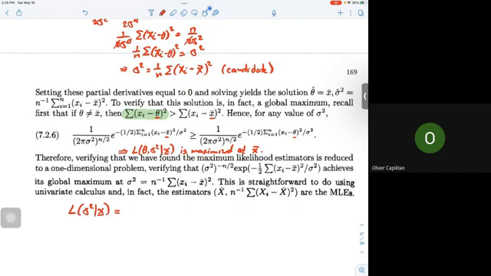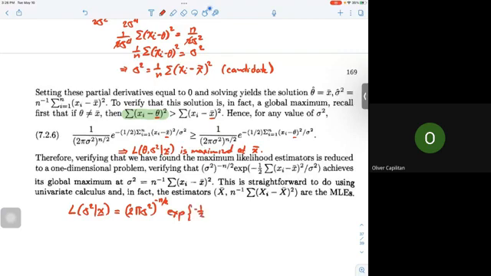Okay? So parang ganito yon. I have 2 pi sigma square raised to the negative n over 2. And then here we have the exponential function.